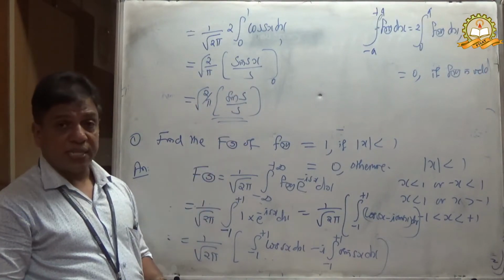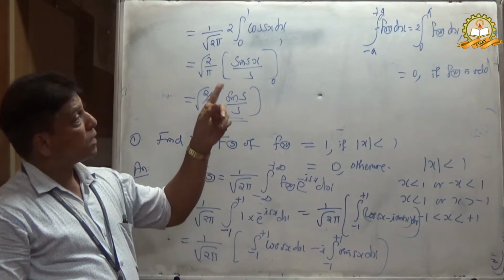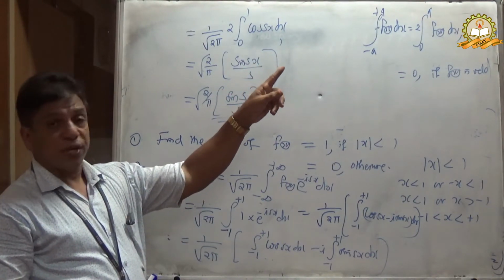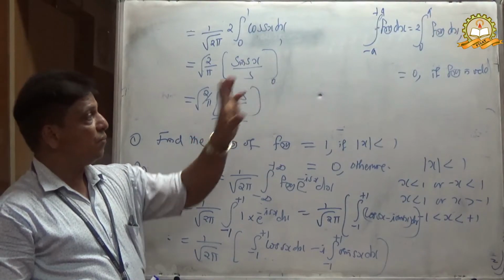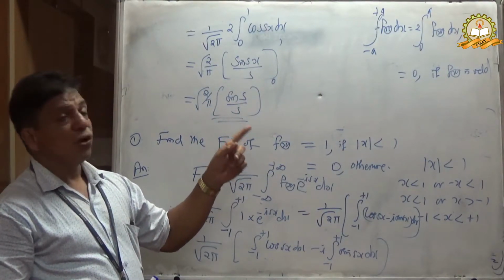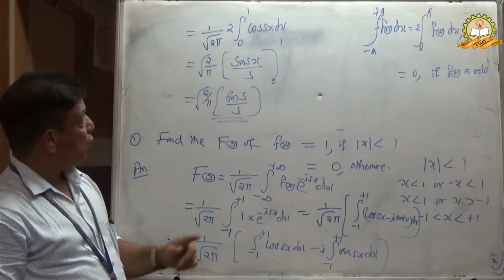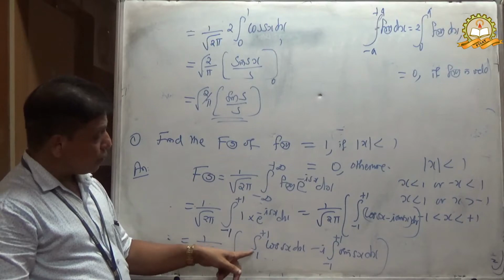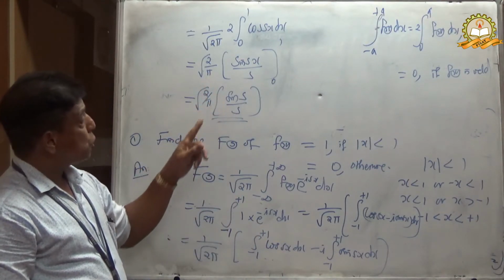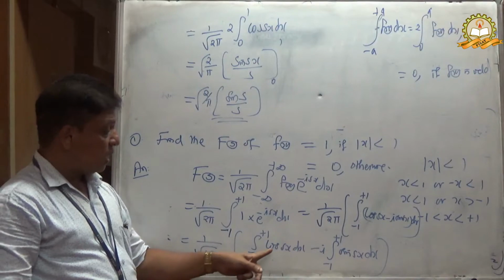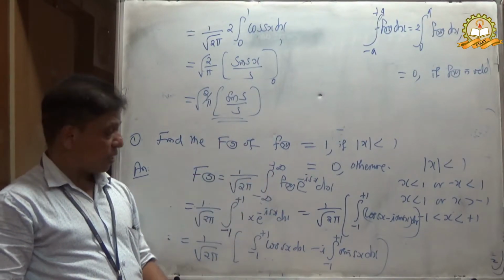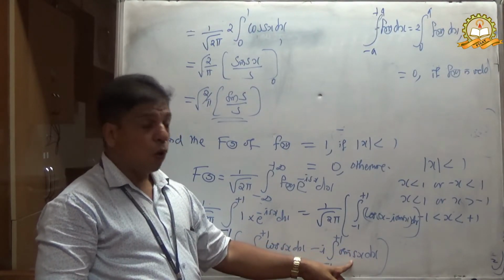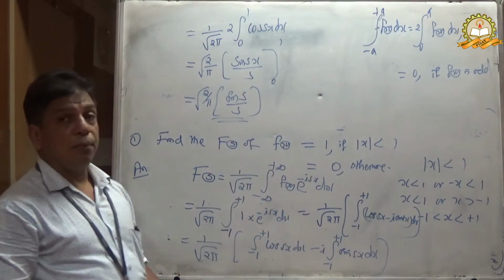Integral minus a to plus a f of x dx is equal to 2 times 0 to a f of x dx when f of x is even, equal to 0 if f of x is odd. Therefore, 1 by root of 2 pi, this case minus 1 to plus 1 will become 2 times 0 to 1. The reason is that cos sx is an even function, but the second case, sin sx, is an odd function. Therefore, the second part will be 0.